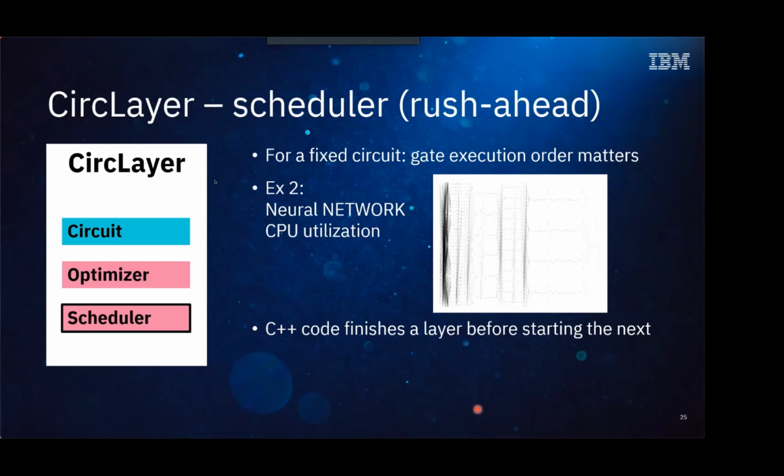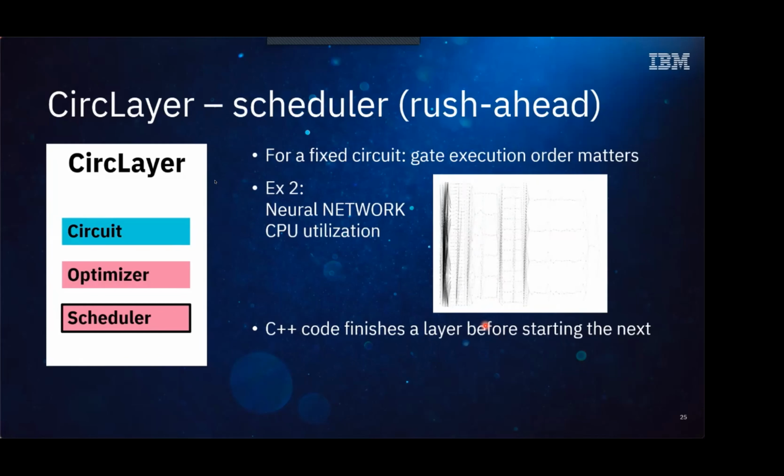To see why this is better, see, for example, this circuit. It's a circuit of a neural network, and you can actually see the different layers. Each layer is like a cluster of a lot of gates, and in between the layers, you have some strings of gates.